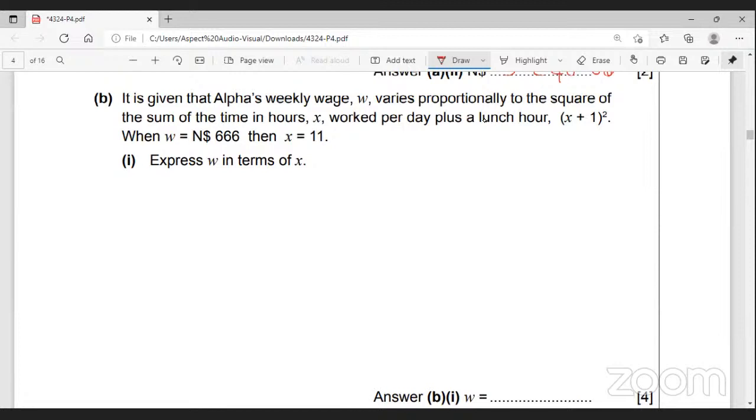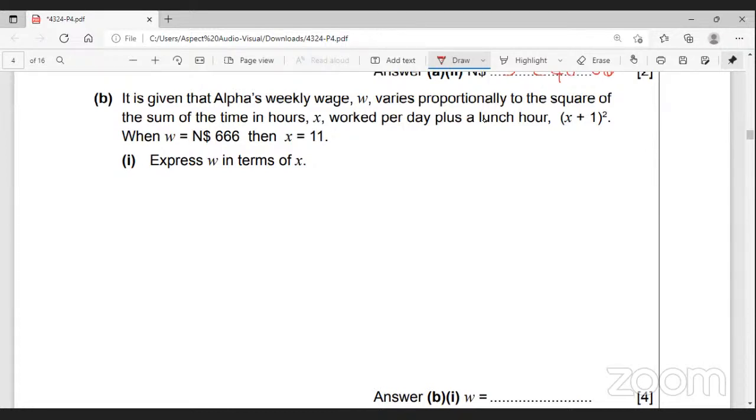Then they are saying when W is equal to that, x is 11. We should be able to find the equation connecting W and x, so we express W in terms of x.